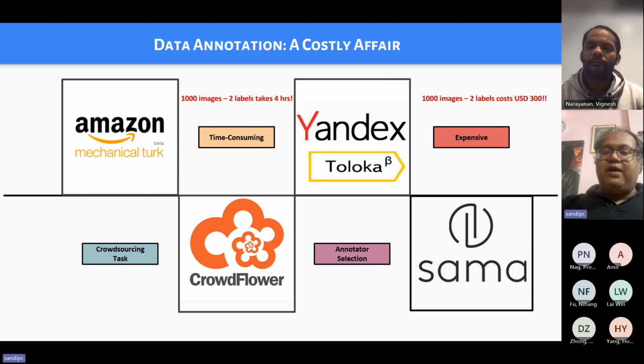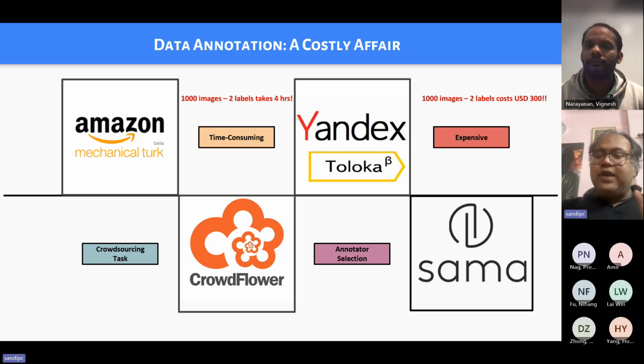For example, if you are trying to perform an NLP task, a natural language processing task, you need to do data annotation. If you want to perform a certain kind of image processing or video processing task, you need to do data annotation and so on. So you need data annotation everywhere you are going to apply a certain kind of supervised learning algorithm.